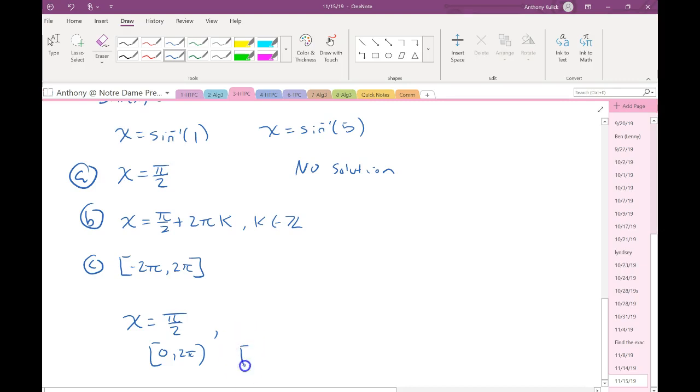But I also need answers from negative 2 pi to 0, right? So how would I find those? I'm just going to find an angle that's coterminal to this one that lies in that range. I can do that by subtracting 2 pi. And there's all my answers for C.